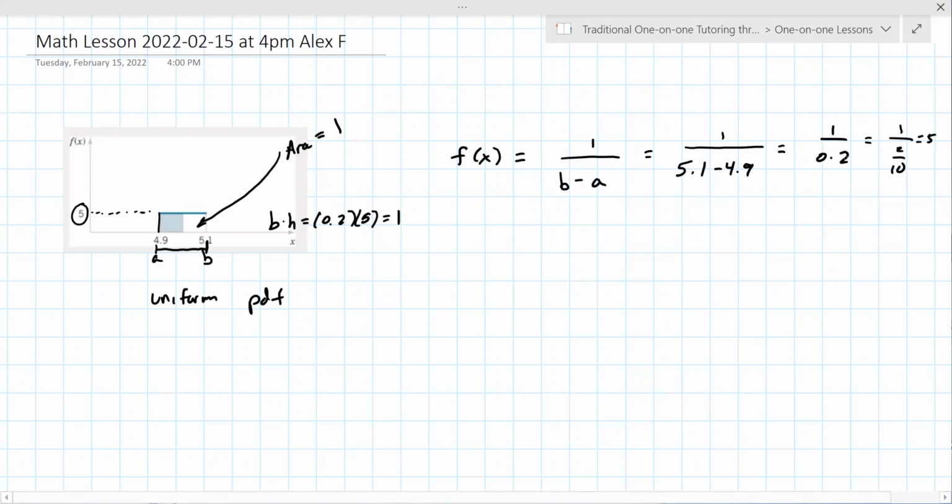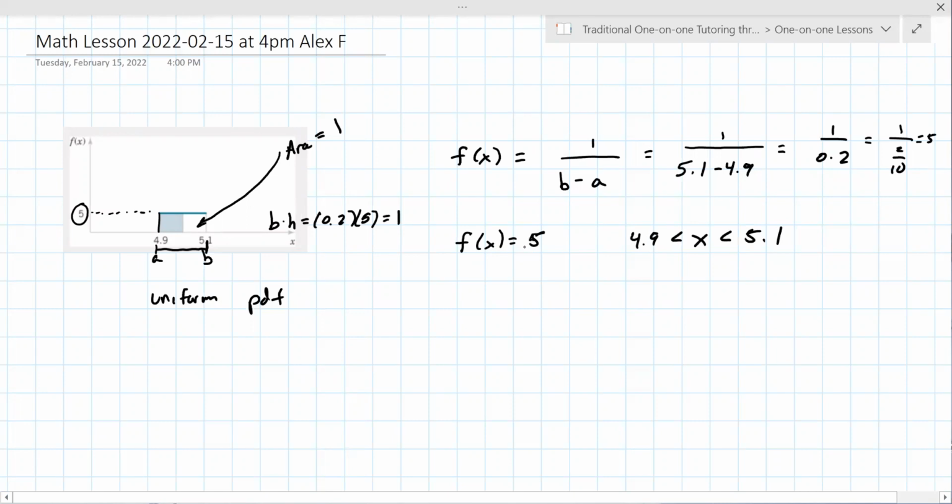Yeah, I'm just writing it down. 1 over b minus a, 5.1 minus 4.9, equals 1 over 0.2, which is 1 over 2 over 10, and that's 5. And 5 is our f of x, our PDF, right? Our f of x is 5, but this is only true for 4.9 less than x less than 5.1.